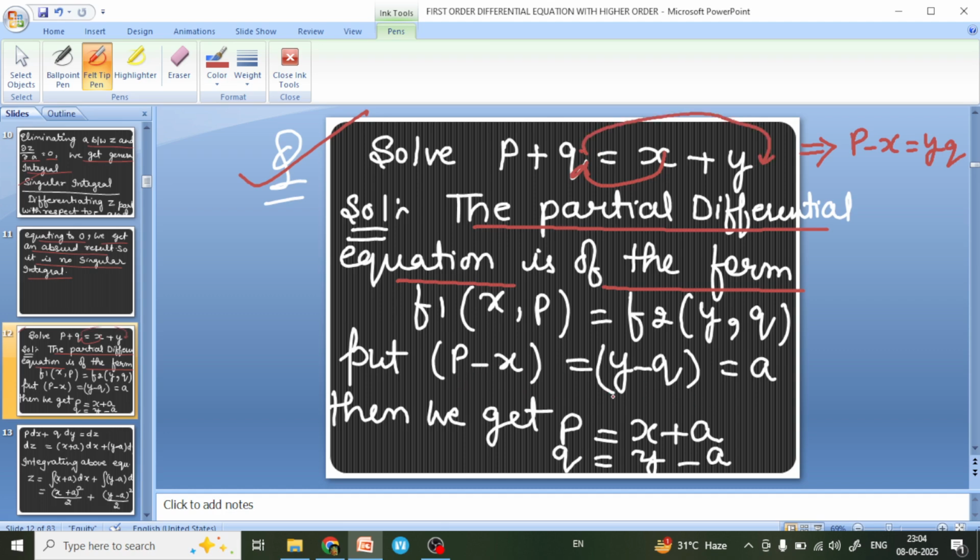Then p minus x equals y minus q is taken equal to a, and so p equals x plus a. P minus x equals a, and p equals x plus a, and y minus q equals a.